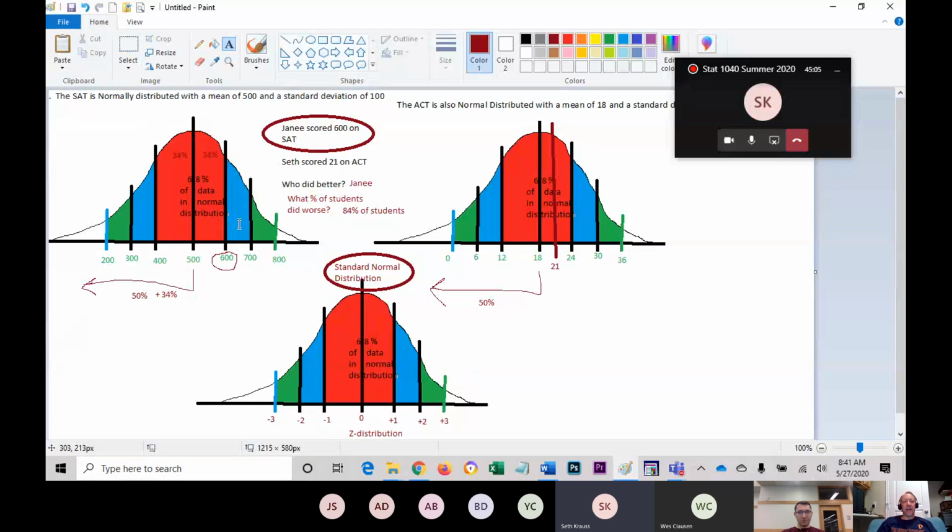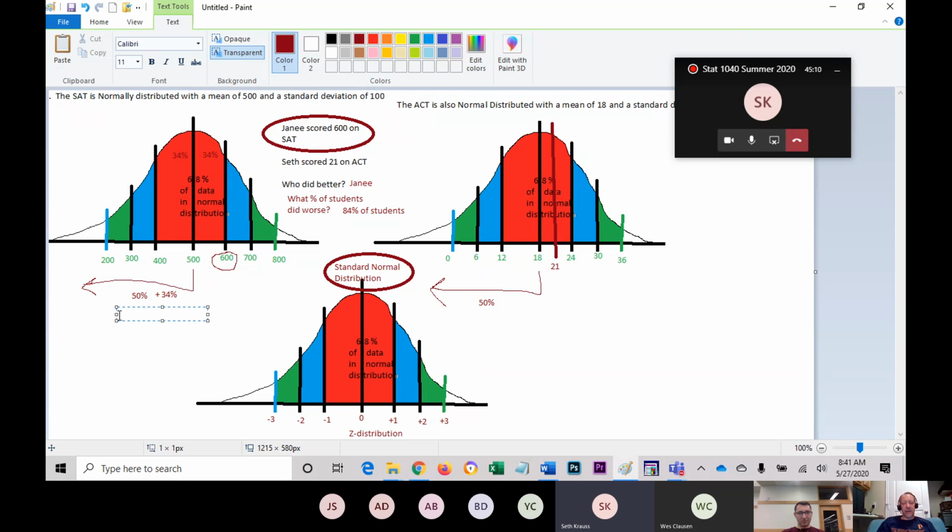So what I'm going to tell you is use this formula. And we can use this on Janie. So z is going to equal x minus mu over sigma over the square root of n. I'm going to underline that so that it looks like a fraction.